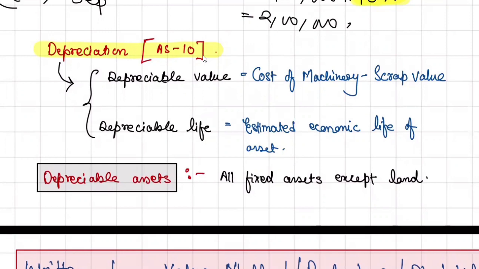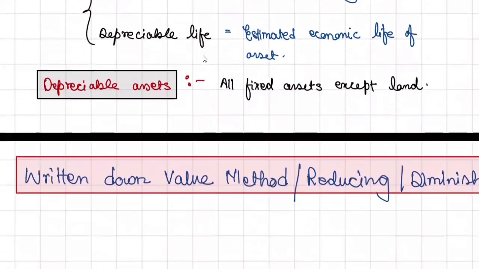Now we know depreciation is charged on depreciable assets. If I ask you what actually is a depreciable asset, you will say, sir, all fixed assets, but except land. But remember, if I go into more detail, land can also be of two types: freehold land and leasehold land.